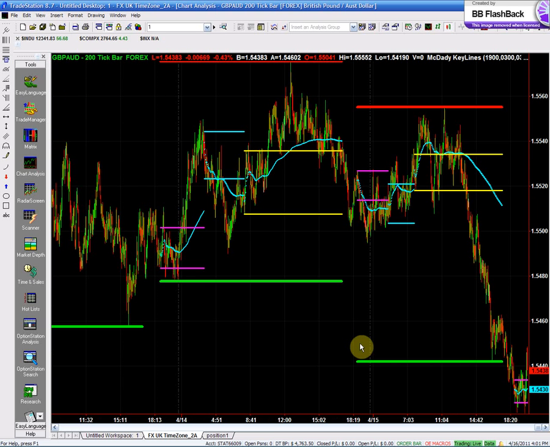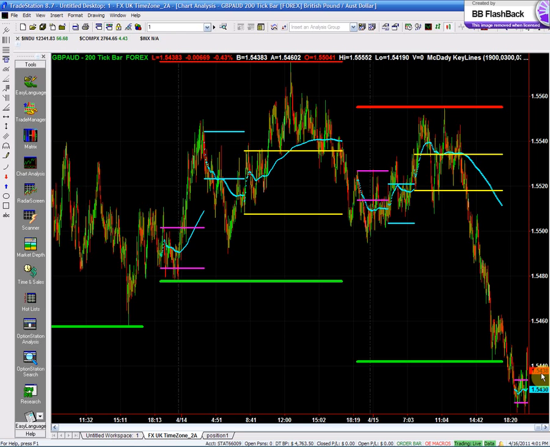But here's what we're gonna do. I don't have any structure over here or anything that tells me that the market is changing direction. So this is 154.38, let's say 40.